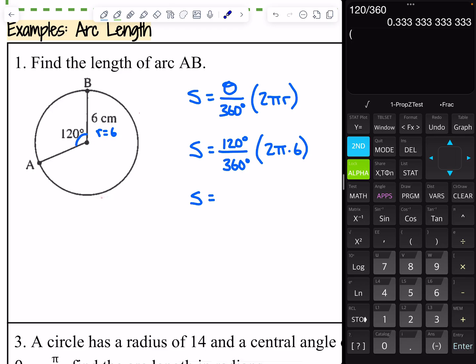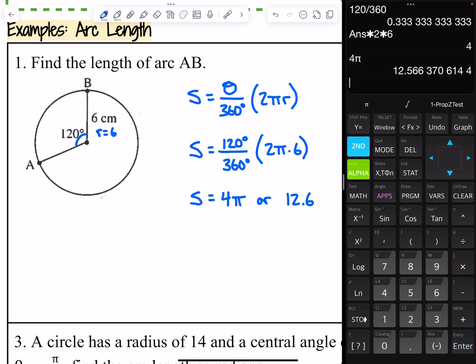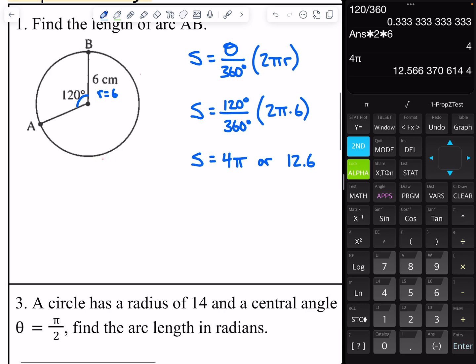So I just did not type in the pi, and that leaves me with a total of 4 pi. Or if my answer choices are decimals, then I can just go ahead and type in 4 pi and get the decimal. So either one is a good answer depending on what your answer choices might be if you're given answer choices. All right, so that would be it for that one.